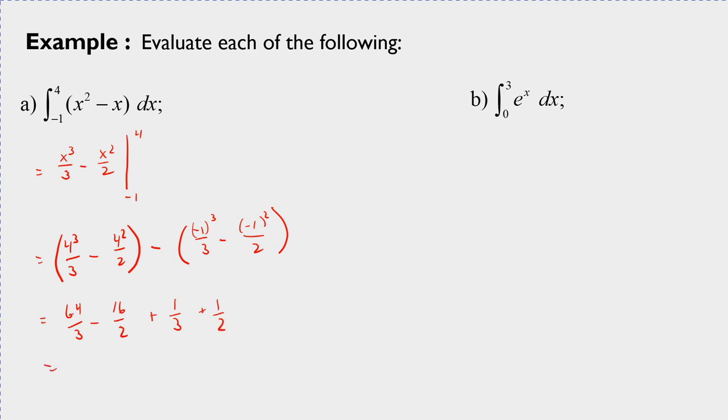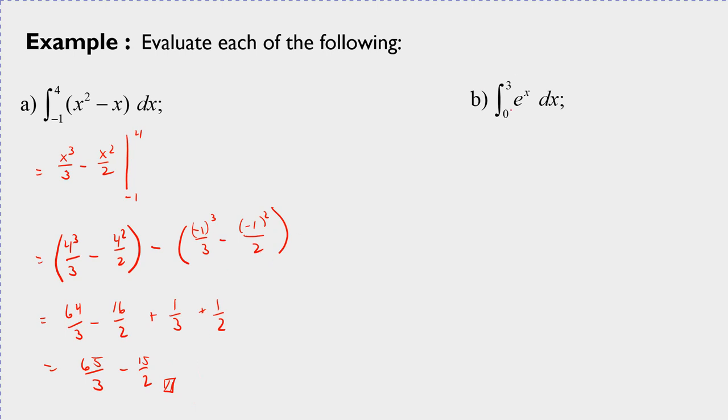So this ends up getting me 64 plus 1 gets me 65 over 3. And then over here, 16 plus 1, you get minus 15 over 2. And I'm just going to leave it like that for you without finding common denominators here.